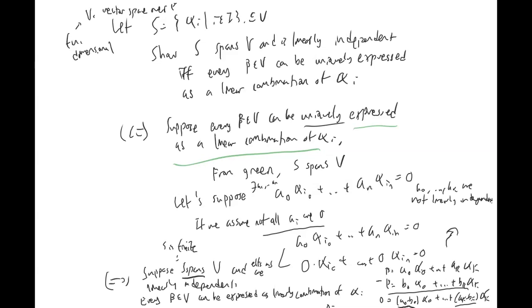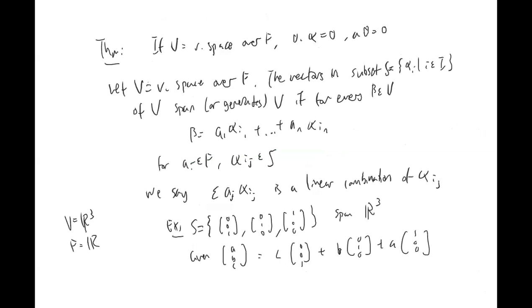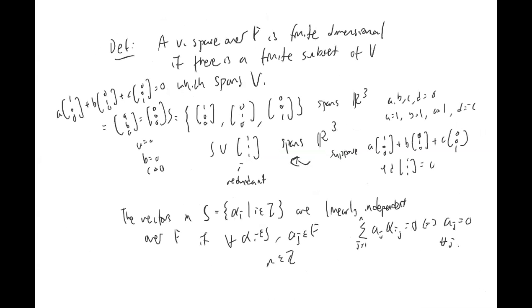Because I found a linear combination of them, namely (a0 minus b0) alpha 0 plus, and so on, plus (ak minus bk) alpha k, where not all of these coefficients are 0. Going back to the definition of linear independence: they're linearly independent if whenever a linear combination is 0, all coefficients are 0.